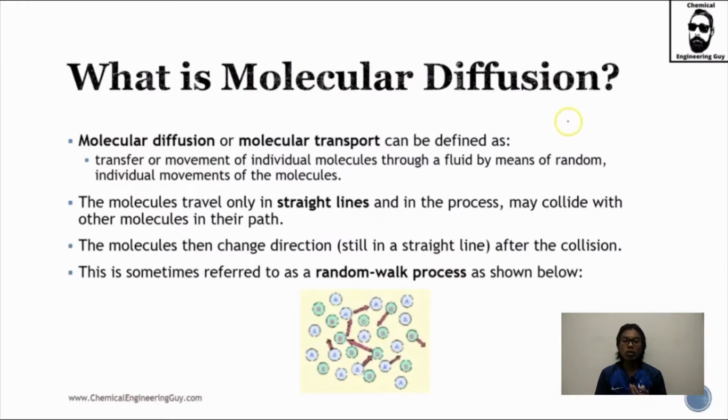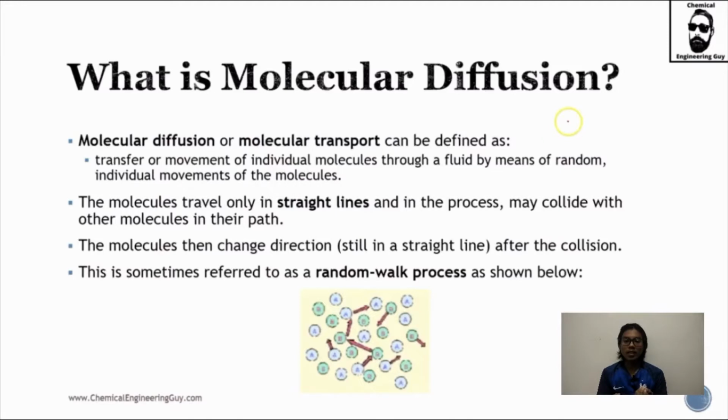The molecules will travel only in straight lines, and in the process will most likely collide with other molecules in their path. The molecules typically go straight, they collide and change direction, and also will pass the kinetic energy to other molecules and so on. The molecules then change direction, which still remains a straight line after the collision. This is somehow referred to as a random walk process.